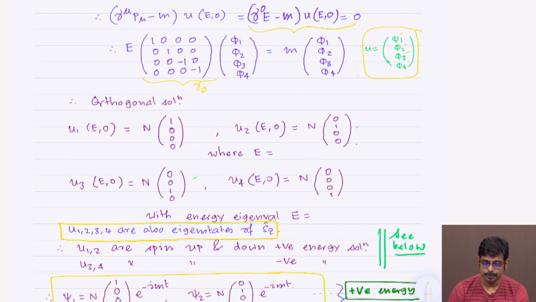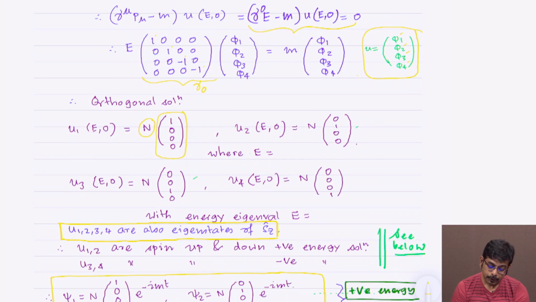Now, it is very easy, if you look carefully, to see the possible ways that I can choose the spinorial solutions. One possible solution is when I choose u e 0 equal to u 1 e 0, where I do not know what this normalization constant is for the time being and I do not care, but let me write the solution as 1 0 0 0.